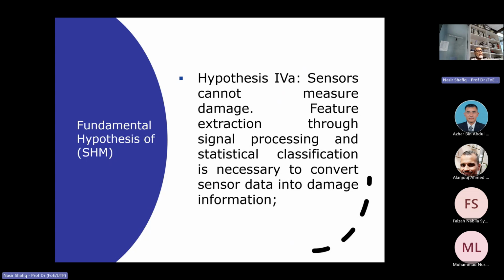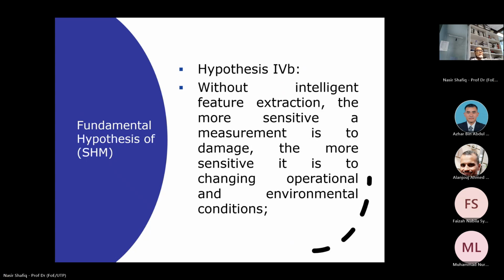Hypothesis four: a sensor cannot measure damage. They give signals, and those signals we can interpret from the calibration data. Hypothesis five: without intelligent feature extraction, the more sensitive a measurement is to damage, the more sensitive it is to changing operational and environmental conditions.